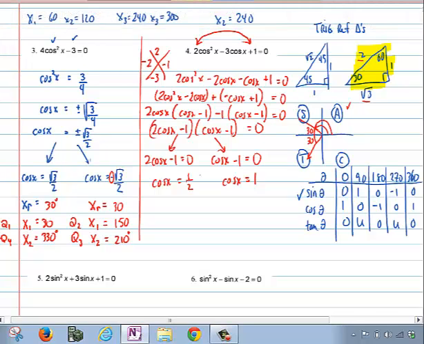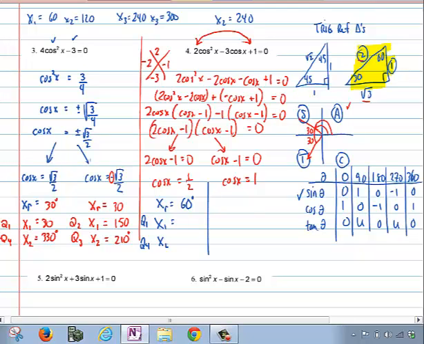So now that we know these little bits of information, for the left side, we know our reference angle is going to be, if the cosine ratio is 1/2, we know we're dealing with adjacent over hypotenuse. The angle now is 60 degrees for the reference angle. The angle is positive, so it's quadrant 1 for cosine and quadrant 4 for cosine.